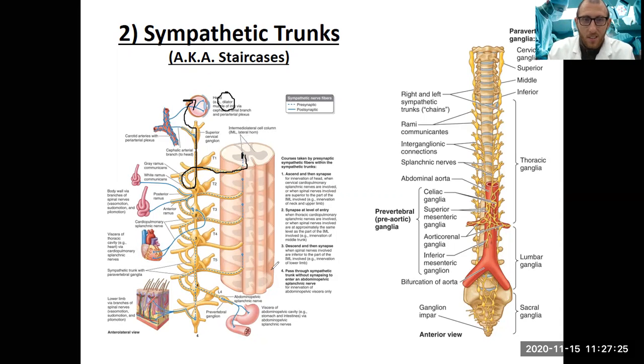Additionally, if you go up, you can also go down. That's another way. A third way, you can go out and then right back in and stay at the same level. So you can go up, down, stay at the same level. Those are all ways that the sympathetic nervous system could work.